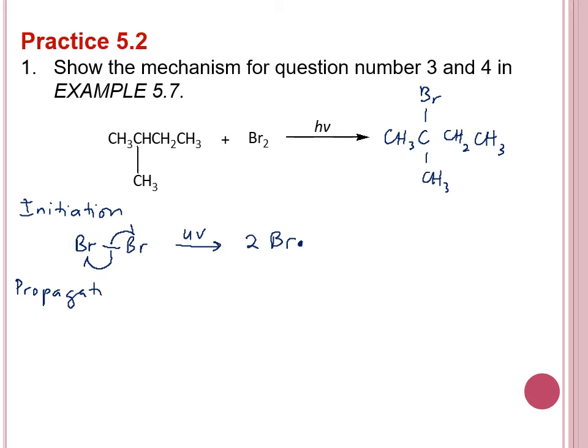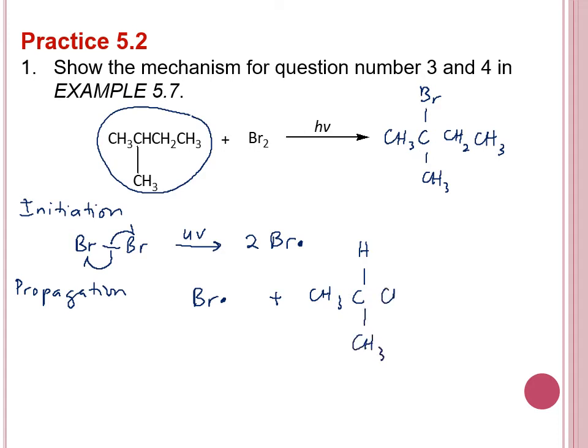propagation is the second step, whereby the bromine free radical will attack this compound. CH3C, so we have this bond there. CH2, CH3.